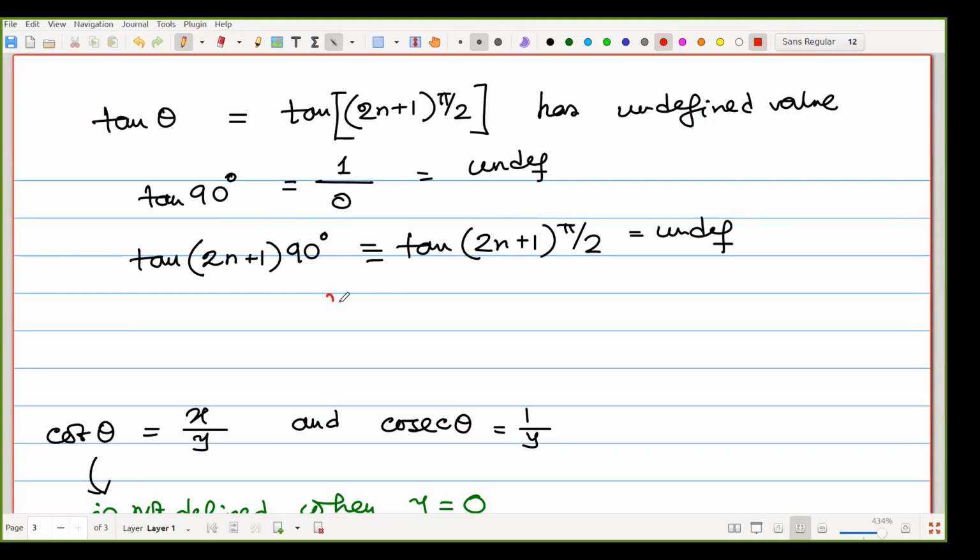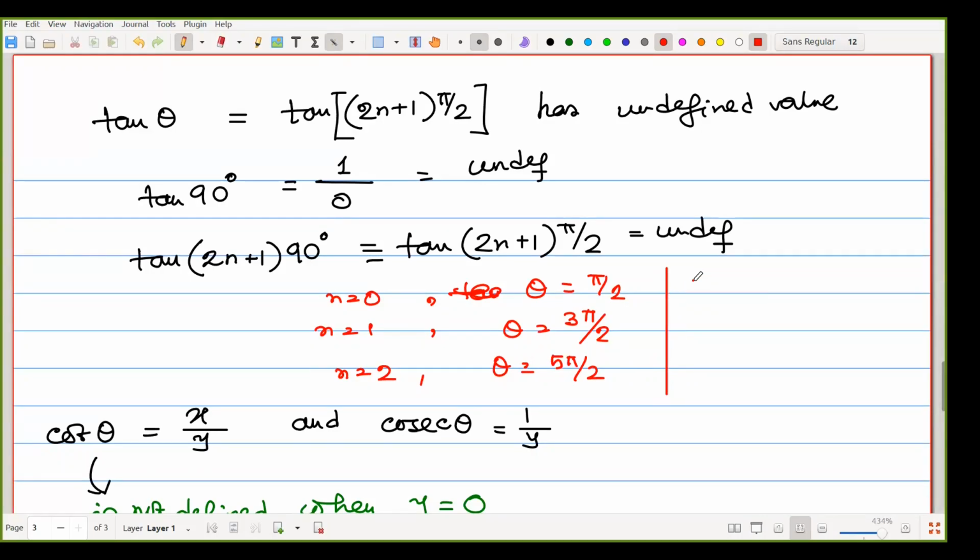Suppose here, when n is equal to 0, we have theta is equal to pi by 2. When n is equal to 1, theta is equal to 2 plus 1, that means 3 pi by 2. n is equal to 2, we have theta is equal to 5 pi by 2.